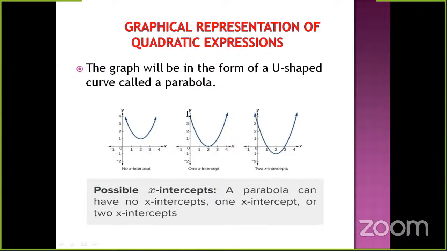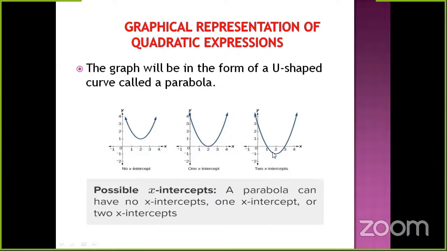In the second case, the quadratic expression or equation is having a real root, that is 2, and it is having two equal roots. So the two roots are 2, 2. So when the quadratic expression has equal roots which are real, then it just touches the x-axis at 1 point.